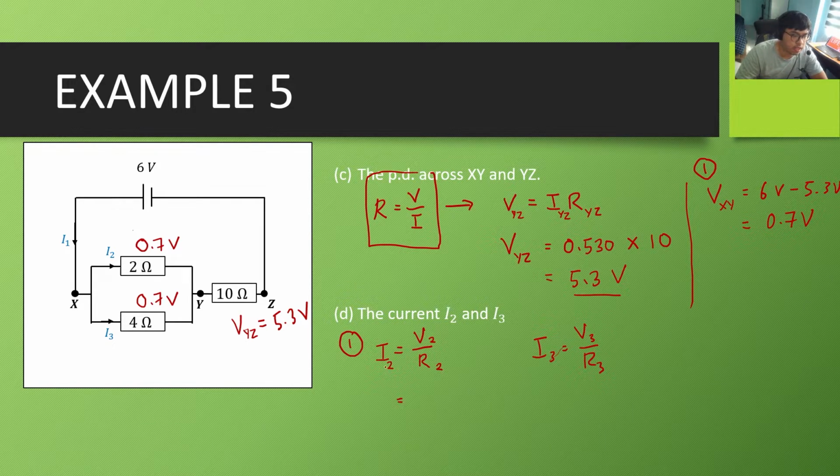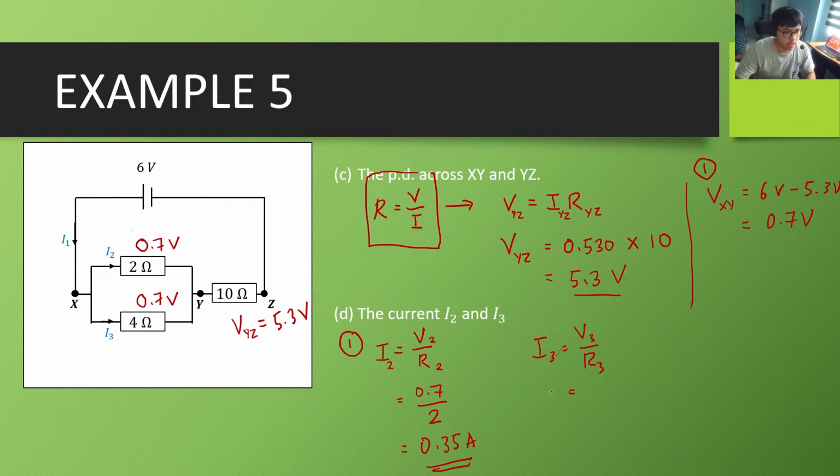So if you want to find I2, you have to use the voltage at the 2 ohm resistor, which is 0.7, we know from our previous question, and resistance 2, which is 2 ohm, and that will give you 0.35 amps.